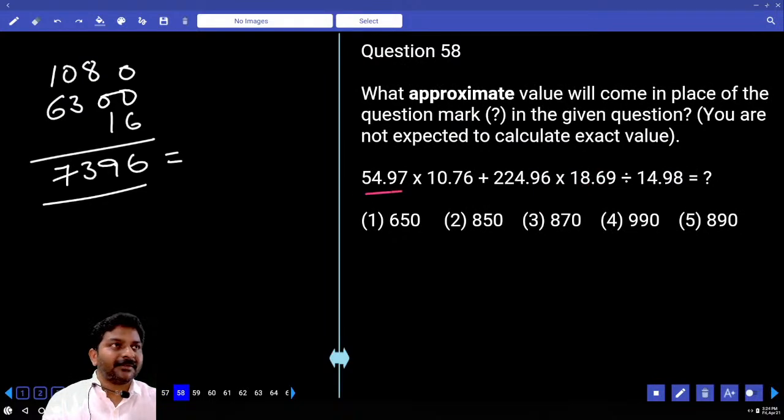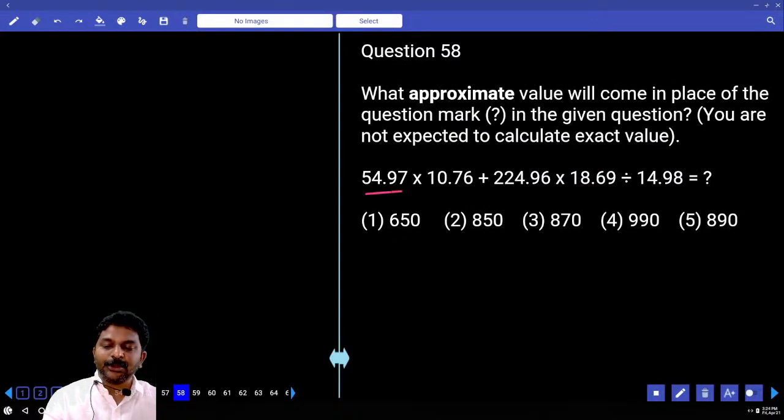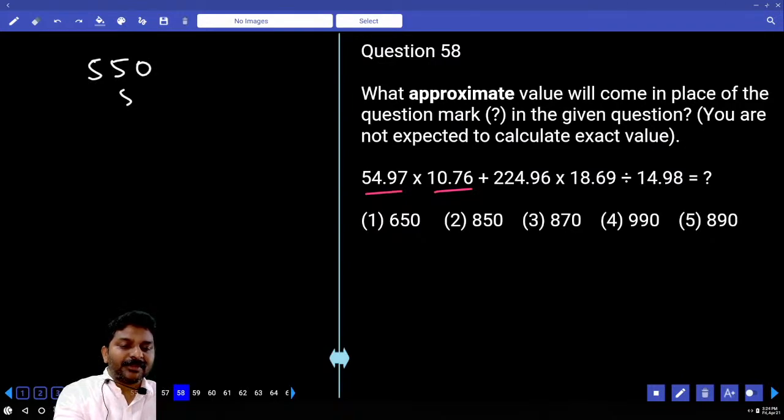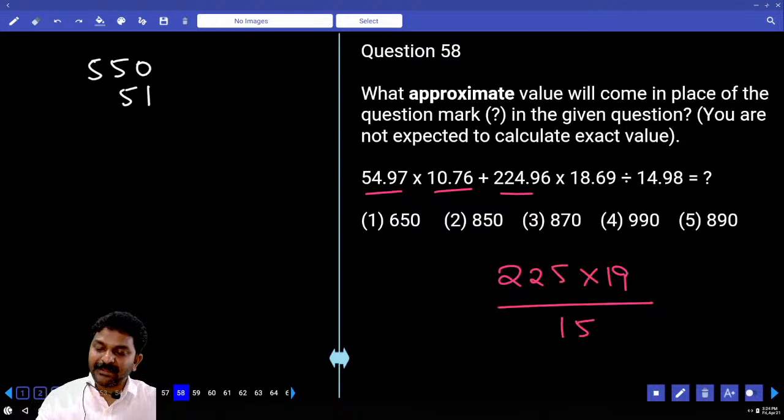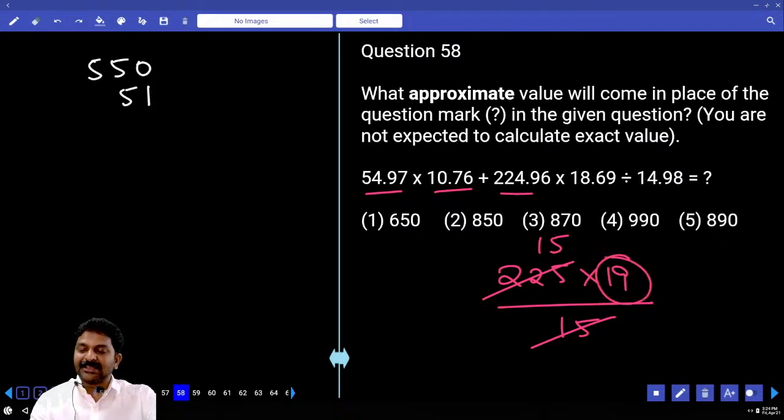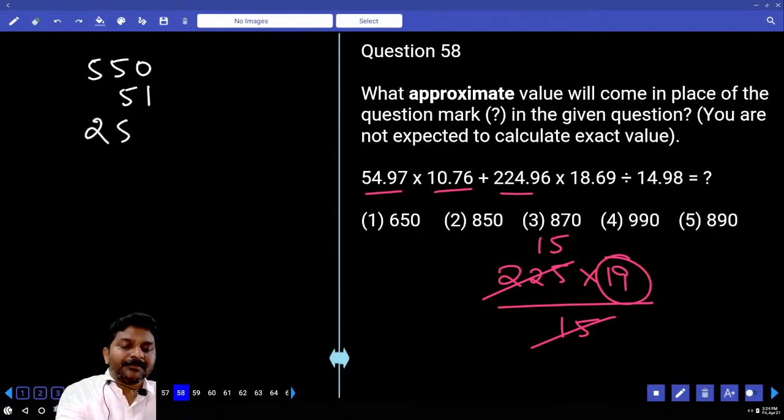How much is this fellow? 55 into 55, 10 times plus 1 time. Is that okay? 225 into 19 divided by 15. 15 how many times? 15 times of 19, in the sense, treat 19 as 20 minus 1. 20 times of 15, 300, minus 15, 285.